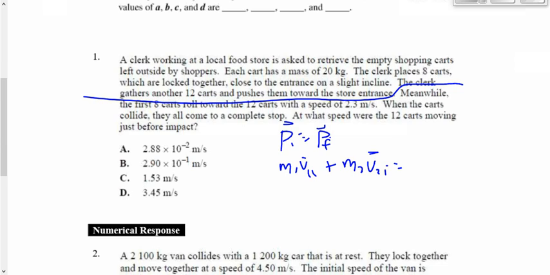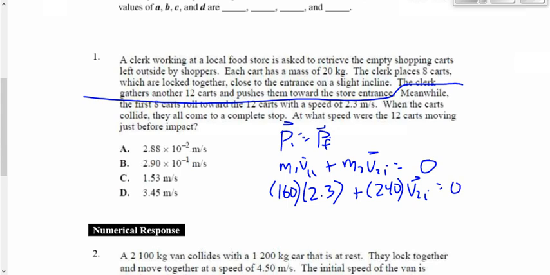So we're going to say, 8 times 20 is 160, V1I is 2.3, it says. We want to know how fast the 12 carts were moving, or the 240 kilograms were moving. V2I equals 0. This comes over to the other side by subtracting. Divide by 240. V2I ends up being equal to, it's actually negative 1.53.